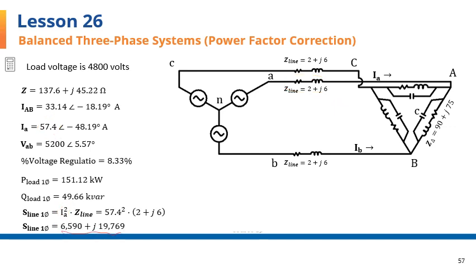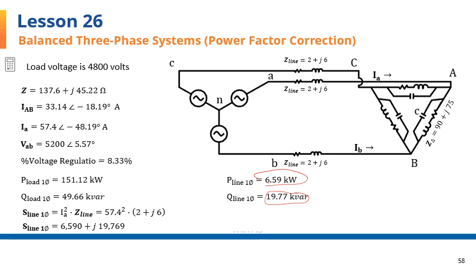And again, from it we can find the real and reactive power losses in the single line: 6.59 kilowatts, 19.77 kilovars.